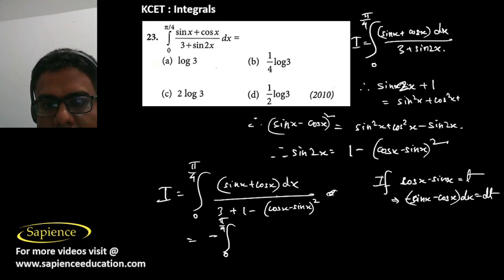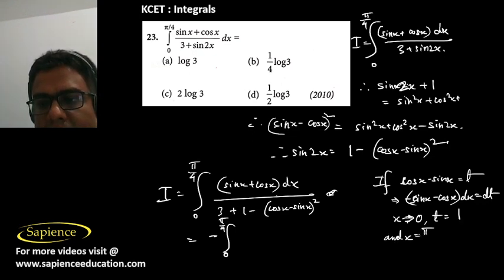Now when x is 0, then t will be equal to cos 0 minus sin 0, that is 1. And when x is pi by 4, then t will be equal to 0.